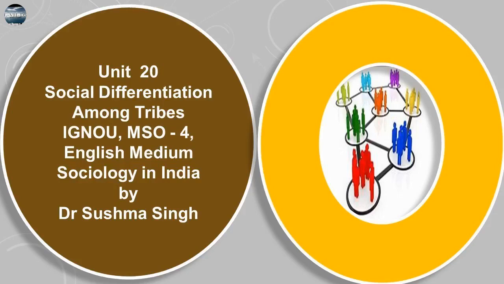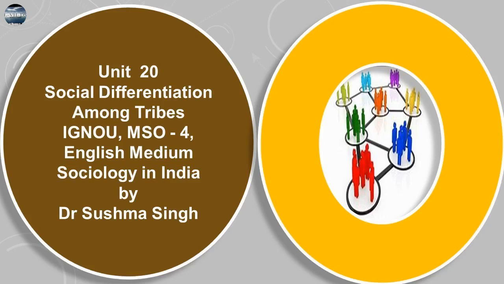Sorokin's classification of social differentiation is said to be one of the most comprehensive classifications. He classifies social differentiation into unibonded and multibonded groups. In the following, we shall consider his classification to have a fair view of the scope of discourse of social differentiation.